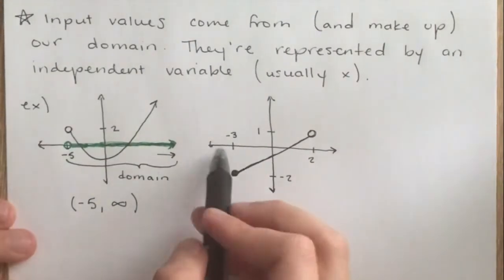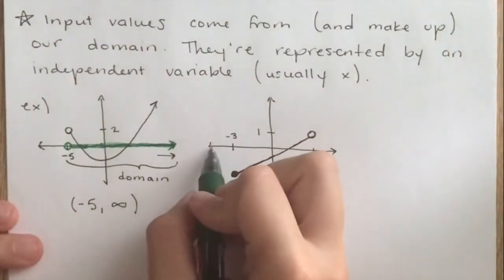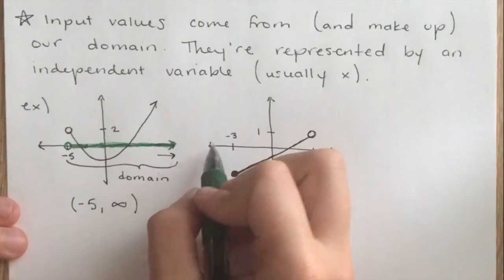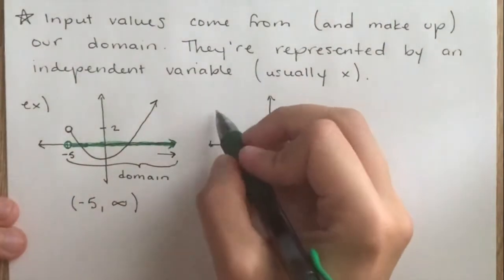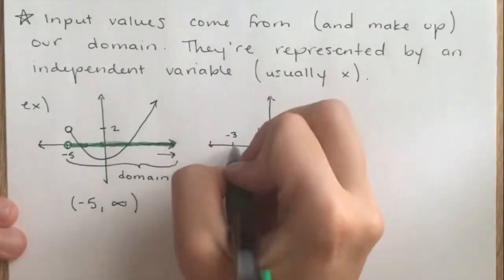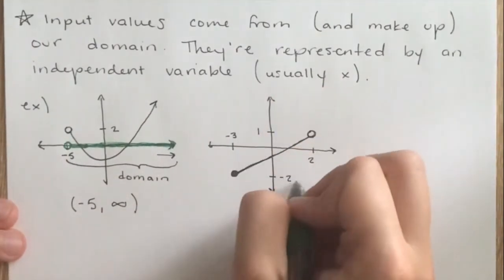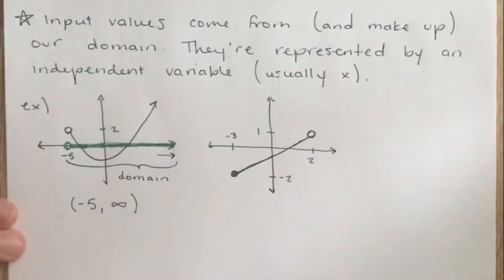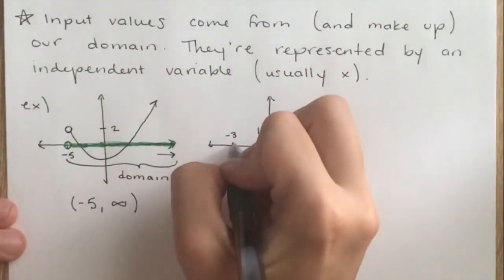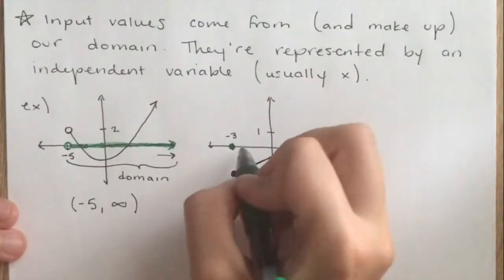Again, we're looking for the x values associated with this function, so we can do that by scanning along the x-axis from left to right. We start, there's nothing above or below here until I get to -3. And then I have a point at -3. It has an output value associated with it. So because it has output, we can record this, we can shade it in.